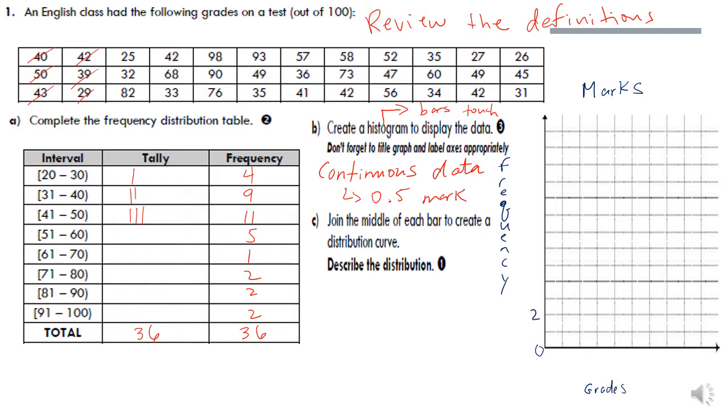So 1, 2, 3, 4, 6, 8, 10, and 12. And then for our grades, you're going to write all those intervals. So this was 0 to 10, 11 to 20, 21 to 30, and so on, all the way across.